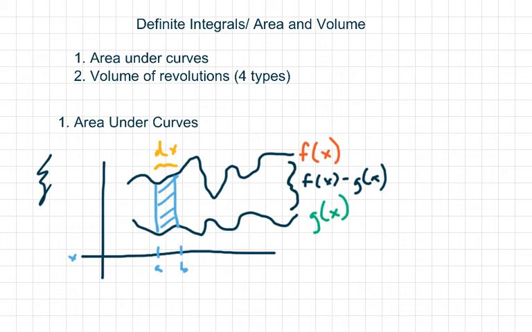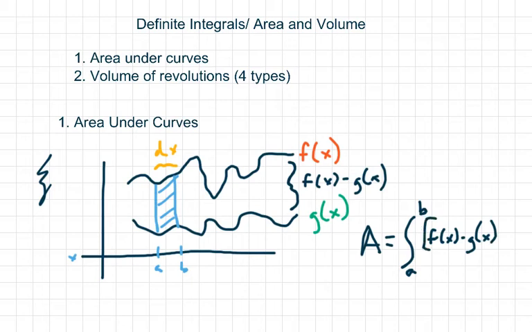The area under this curve or between these two curves comes from, and we write it as an integral, a definite integral, and that just means you've got boundaries, from a to b, where b is always greater than a, and the height of our rectangle is f of x minus g of x. That's what we said.